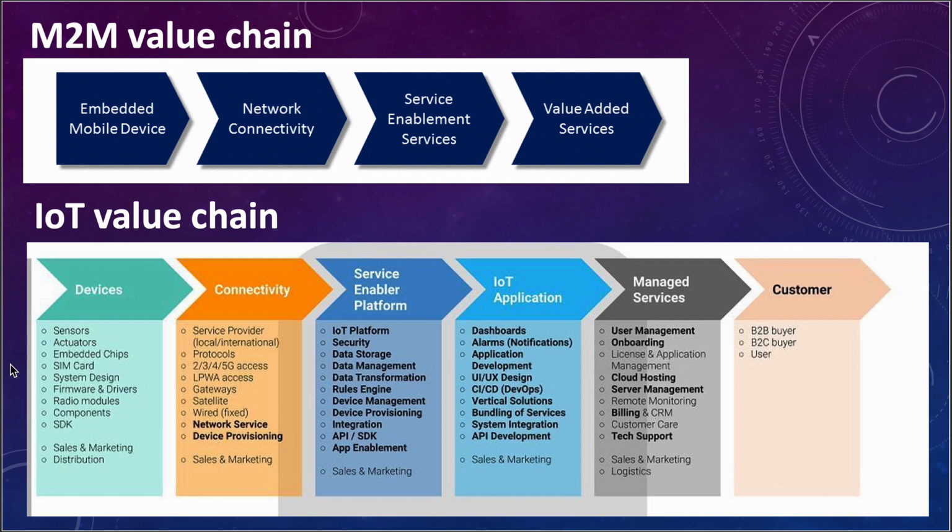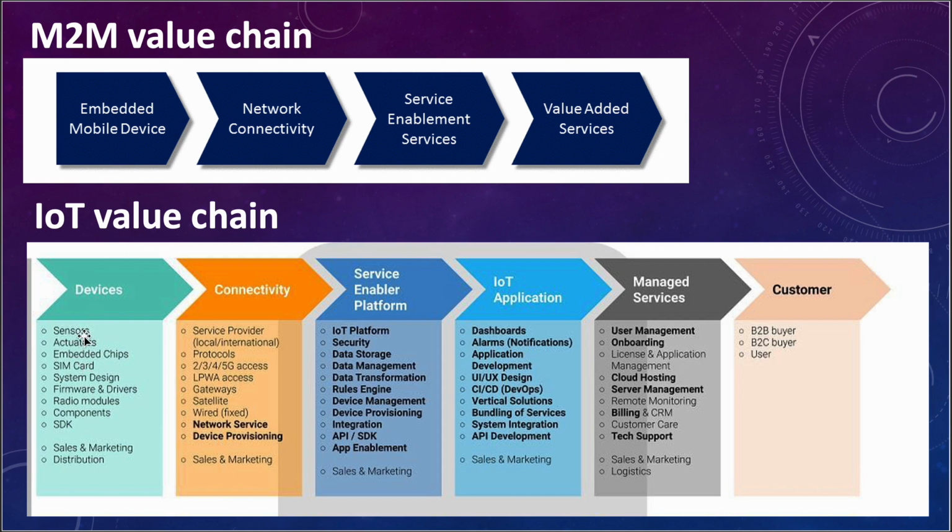Then we would have system design, of course embedded systems, firmware drivers, same for creating embedded systems, radio modules, hardware components for communication, and SDKs. For all these things, there will be sales, marketing, and distribution. So you can see that this device itself has its own value chain.